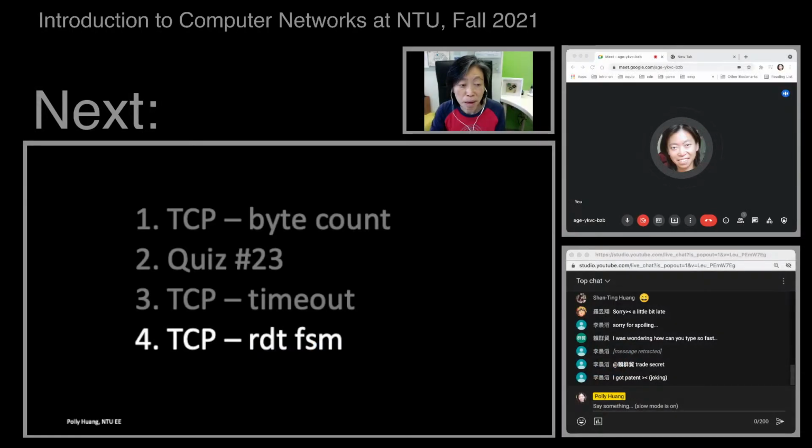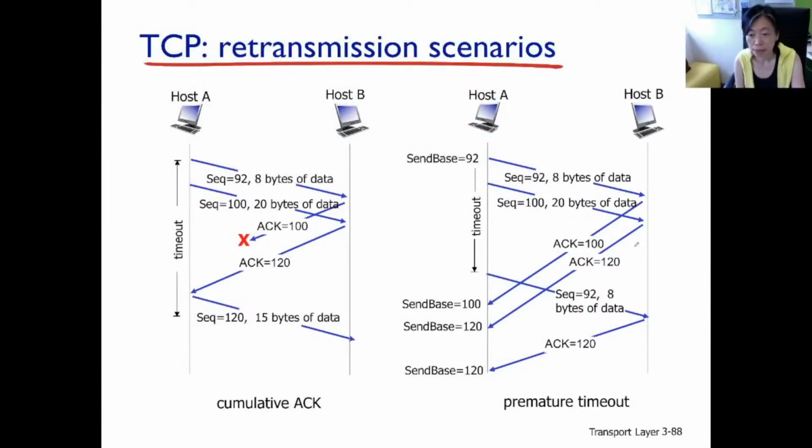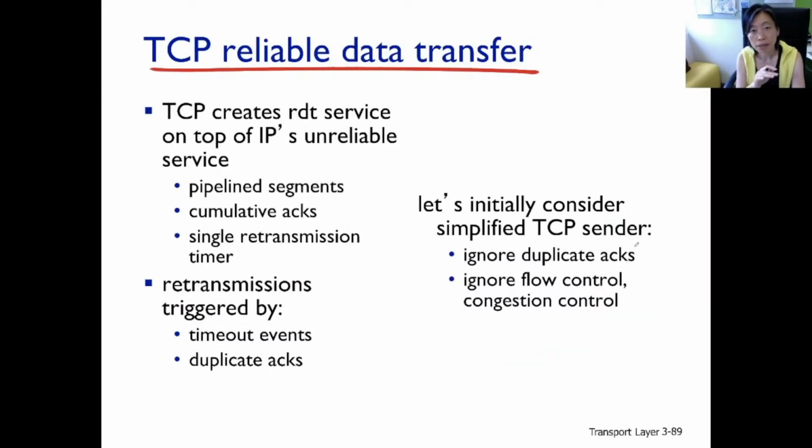Alright, so let's sum up TCP's reliable data transfer finite state machine. And that's a slightly longer video, 8.5 minutes, because we need to talk about a very special transition, the timeout transition, a little bit more. And that was example 3. Up until now, the TCP mechanism we were talking about is very, very simplified.